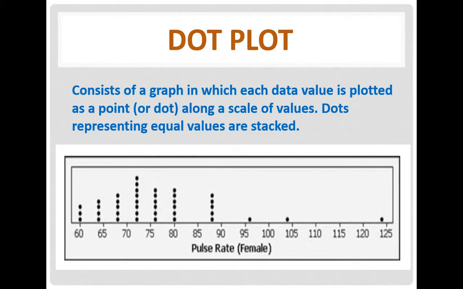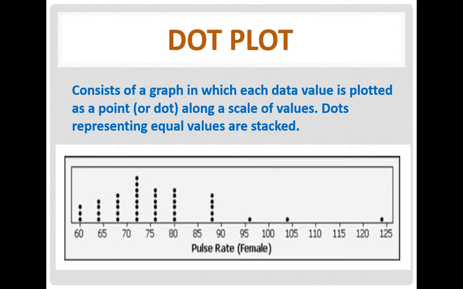Now, there still is a little bit of ambiguity with the information because, if you remember, what was the max pulse rate for the women? 124. Yeah. It looks like 124-ish, right? You don't have the exact number, but it's close enough.